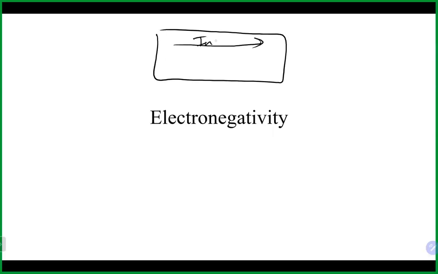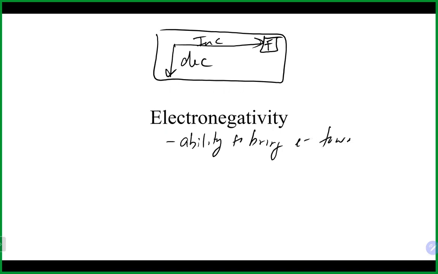Are they going to be shared equally or unequally? So again, on the periodic table, it increases as you go this way, with fluorine being the most electronegative, and it decreases as you go down on the periodic table. And once again, that's the ability to bring electrons towards itself.